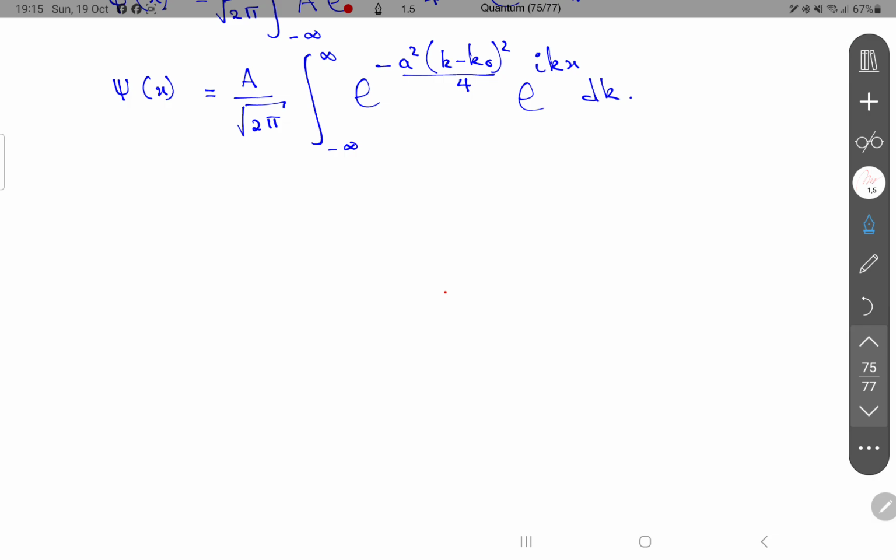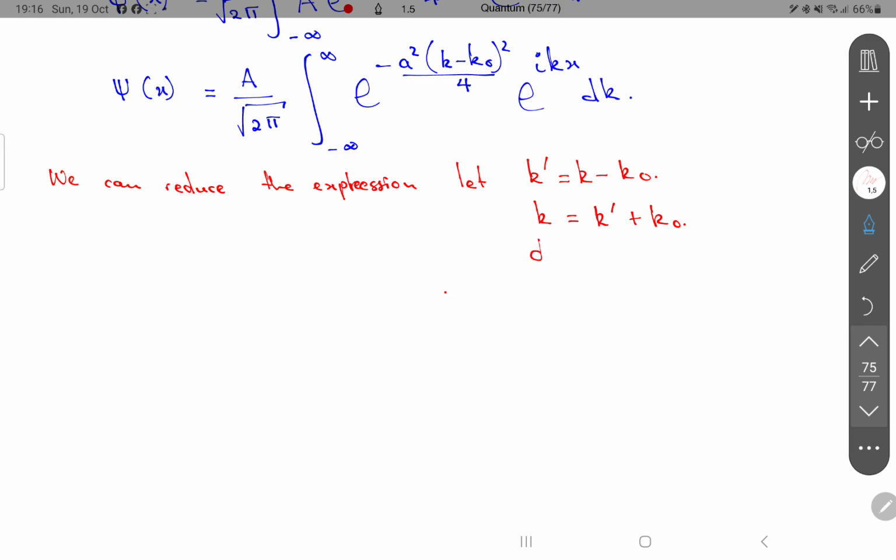Now from here, we can reduce the expression by introducing k prime, which equals k minus k naught. You'll discover that k will equal k prime plus k naught.